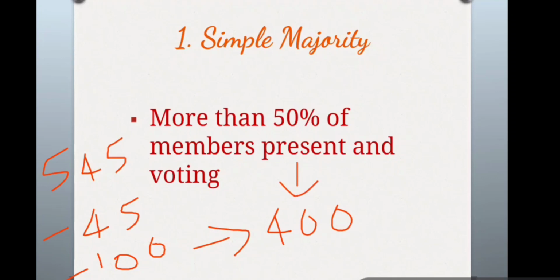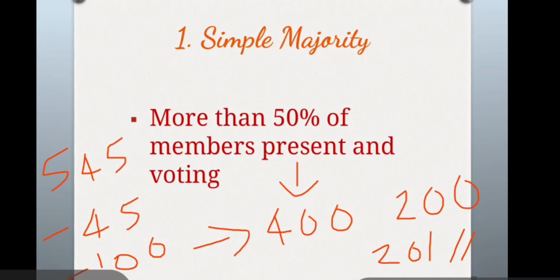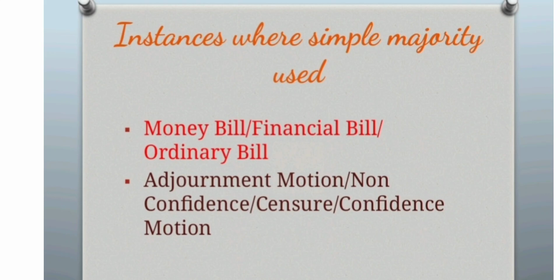In this case, the simple majority needed is more than 50% of 400. That means more than 200 people should vote to get simple majority. That means 201 votes required for getting simple majority. Hope you understood how we are calculating simple majority.